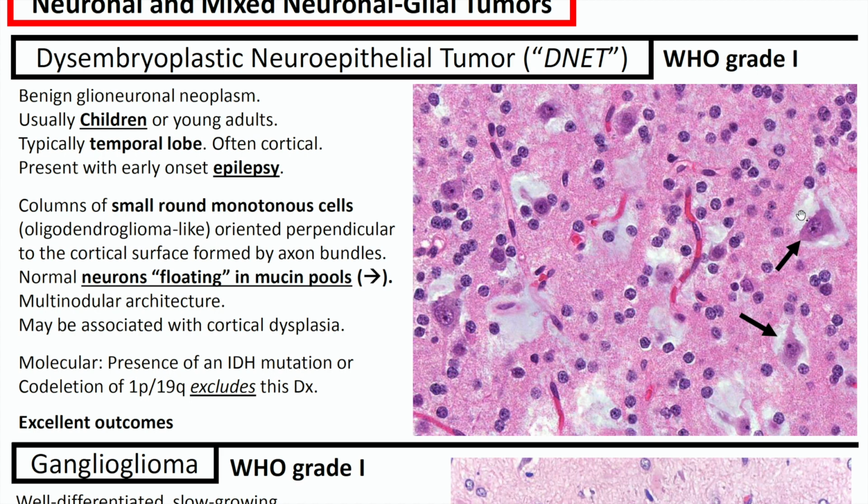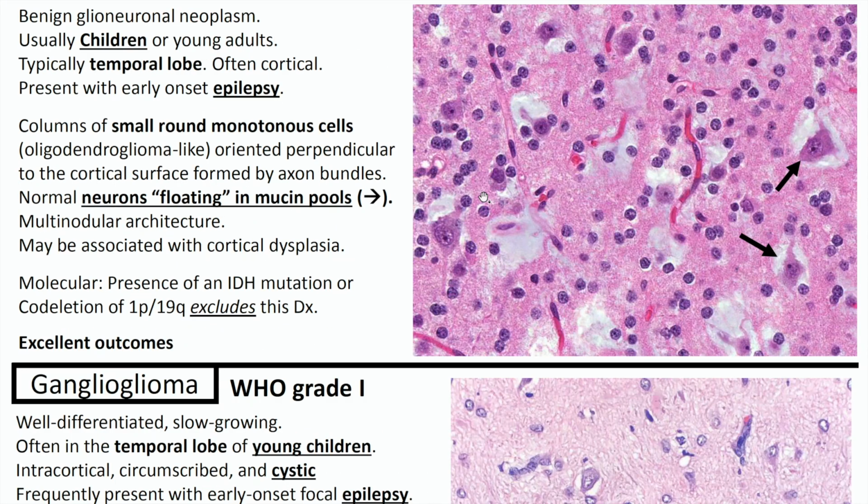So we have these neurons, and they seem to be in these pools of mucin. They can have a multinodular architecture, and then molecularly you can have presence of an IDH mutation, or codeletion of 1p19q excludes this diagnosis. So 1p19q we associate with oligodendroglioma, remember that. And DNETs have an excellent outcome.